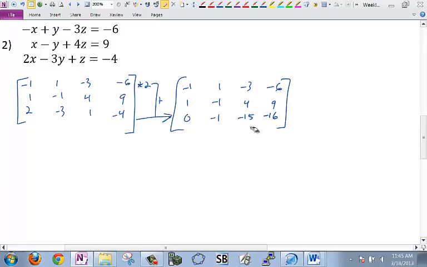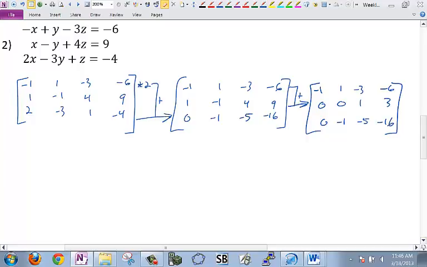I said -5, I thought -5. My hand sometimes doesn't do what I tell it to. Then we can just add rows 1 and 2 together. So it's going to give you -1, 1, -3, -6, 0, 0, 1, 3, 0, -1, -5, -16.